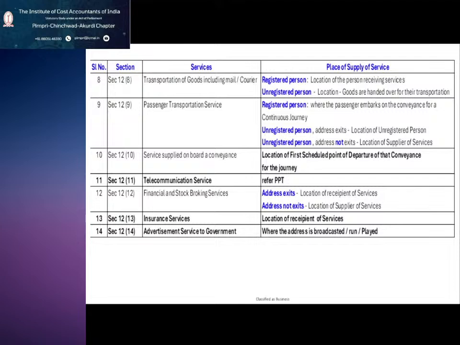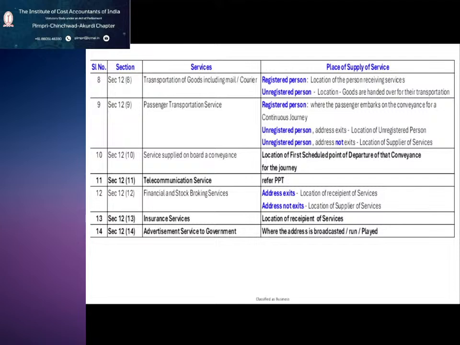Hoardings means cutouts or banners like that. So what we have seen for the place of supply is the location in each of such states.